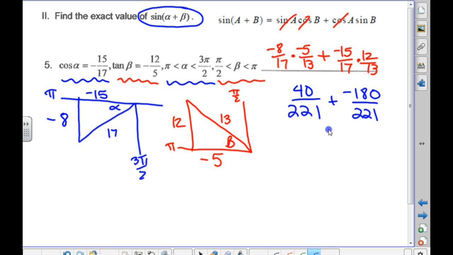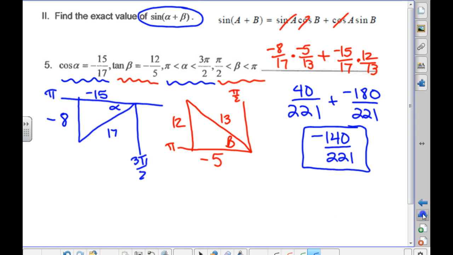So when I add fractions, I add the numerator, keep the denominator, as long as they have like denominators. So I get negative 140 over 221. Okay. Tedious, detail-oriented kind of problems, not exceptionally difficult, just a pain in the neck, right?